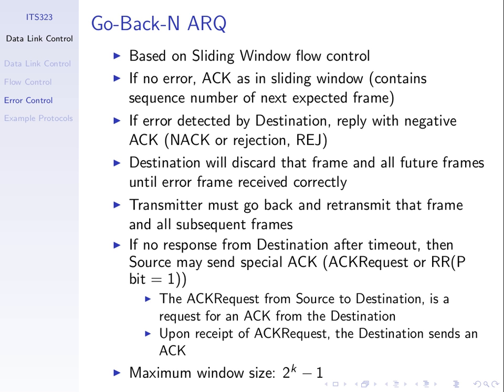With 3 bits, the window size with selective reject with the same number of bits is smaller than go back n. 2 to the k minus 1, where k minus 1 is the exponent, as an example, 7 and 4.